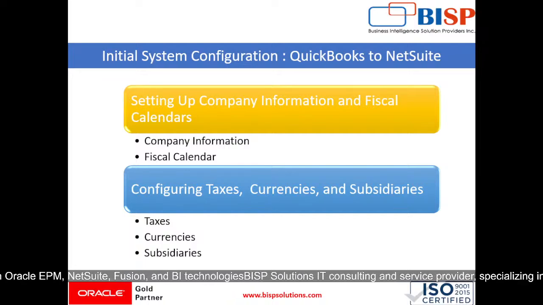Then we will review tax rules and import historical tax codes from QuickBooks for continuity. Then currencies, where we will enable the multi-currency feature if our business operates in multiple currencies.